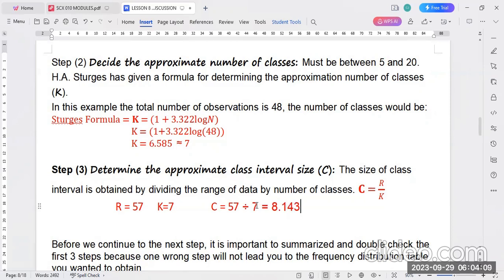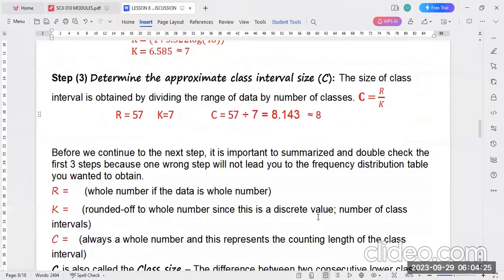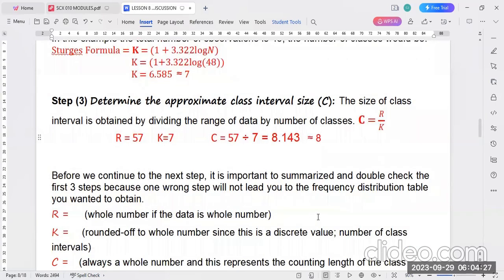That's a long decimal. And that is going to round off again to the whole number, and 8.1, that will be 8. So C is approximately equal to 8. Yeah, so just divide the range and the number of classes, R divided by K.